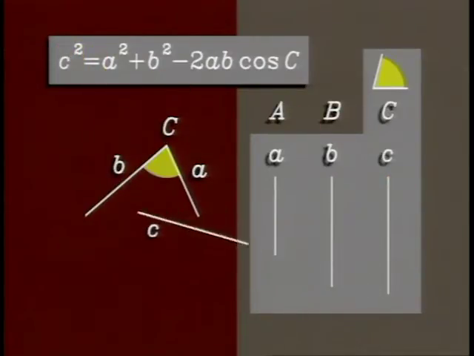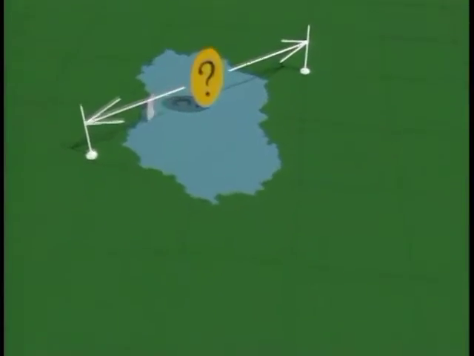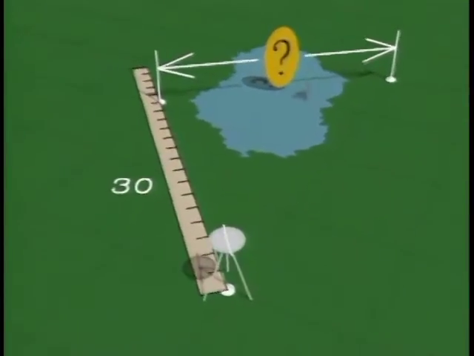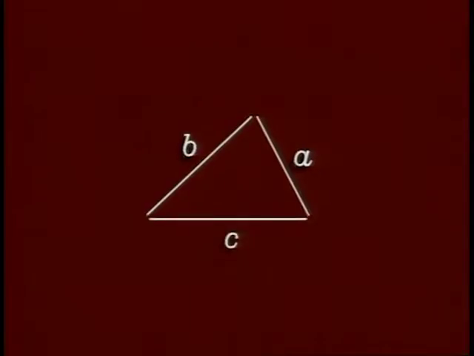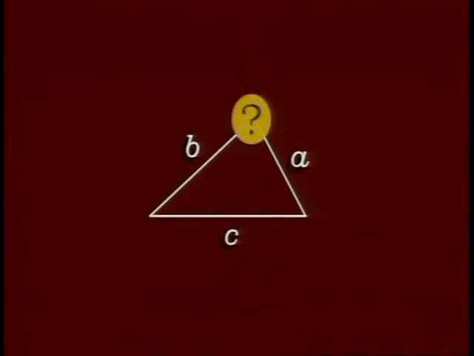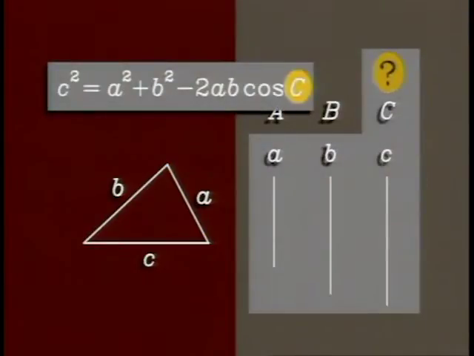It can be used to find distances that are otherwise inaccessible. If you know all 3 sides and you want one of the angles, the law of cosines helps here too, but you have to do a little algebra.